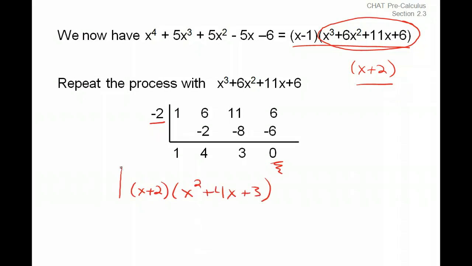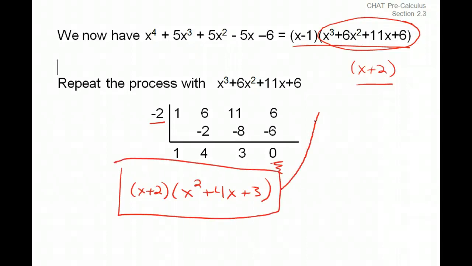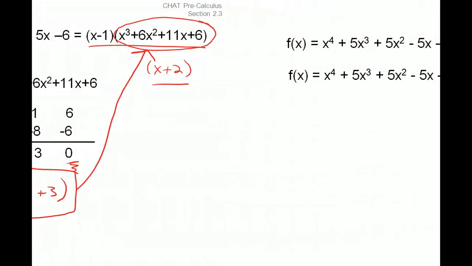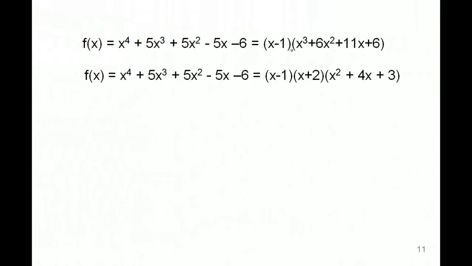This quantity is going to replace that polynomial right there. So this is what I had to start with. After I divided out the x minus 1, this is the polynomial that I had left. I divided it by x plus 2, and it gave me this.